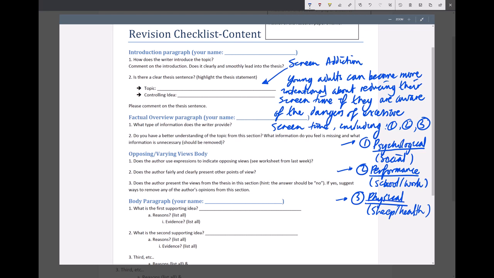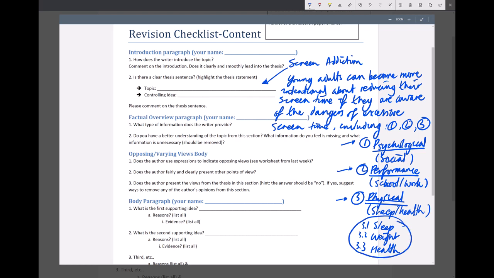So for example, you can say, oh, it could have an effect on your sleep, on your body weight, or on your health in general. So you could have 3 specific effects of a type.